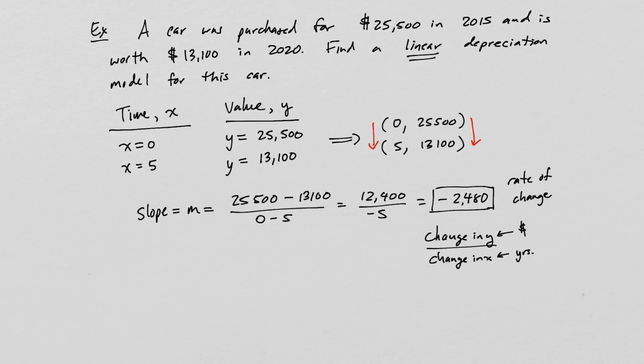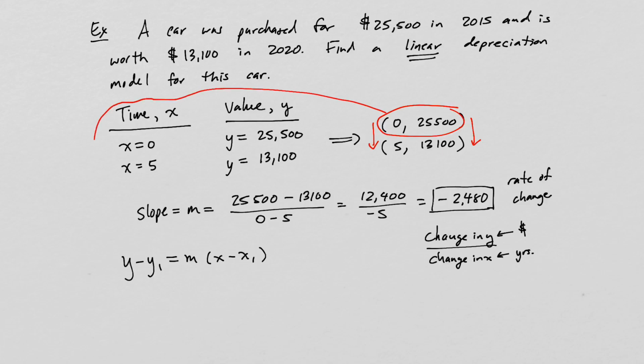Now, to find the equation of the line, we can go ahead and use our formula for doing that. I'm going to pick the first point to plug in. So y1 is 25,500.